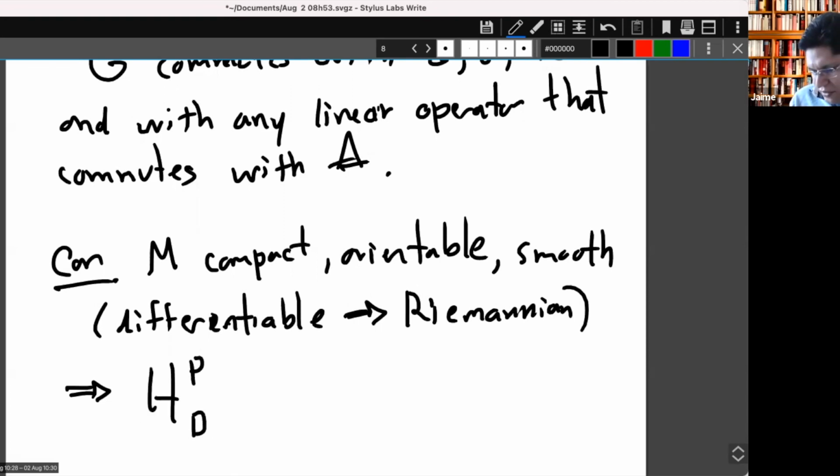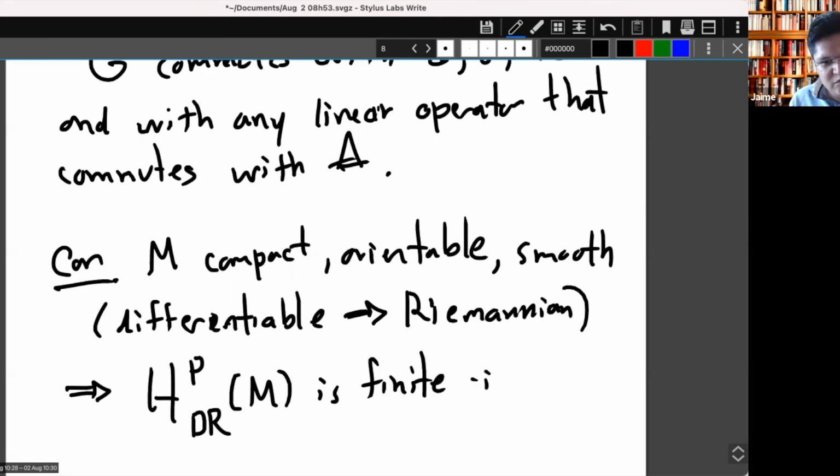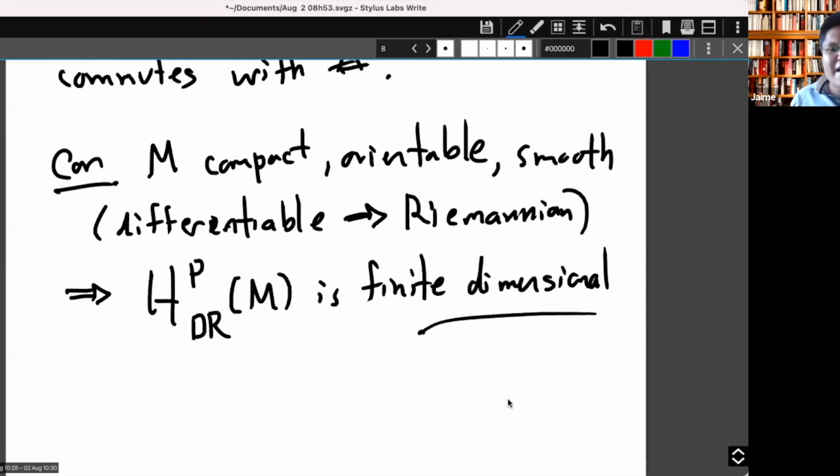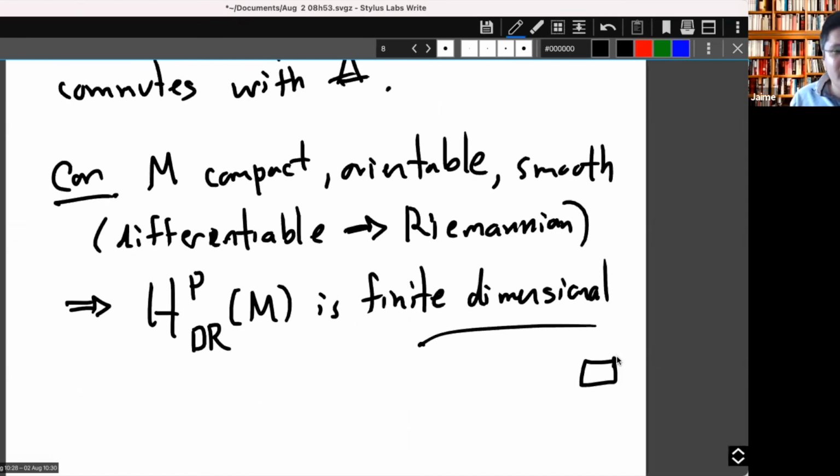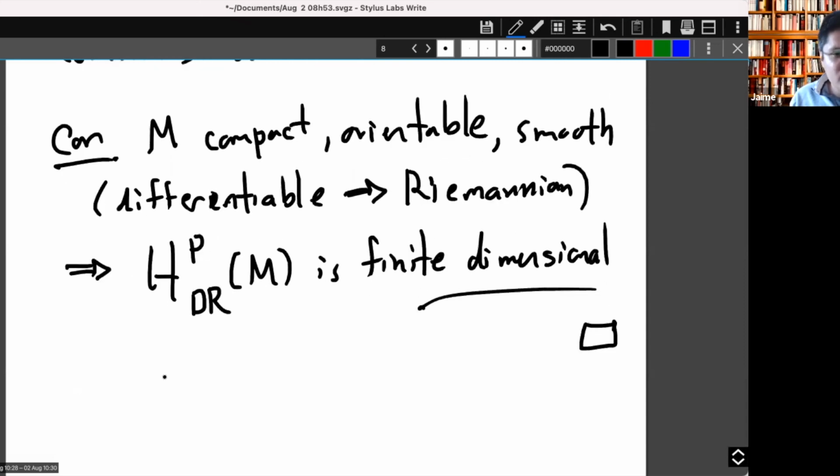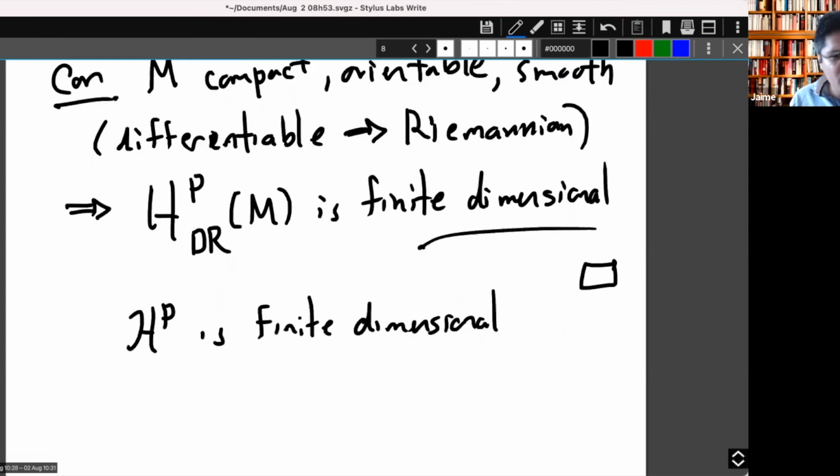H^P de Rham is finite dimensional, right? Which doesn't seem like a great accomplishment, but it is, because, okay, why is it finite dimensional? Because we already know that these groups are finite dimensional. And we already know that this group is actually this one, and that's true, right?